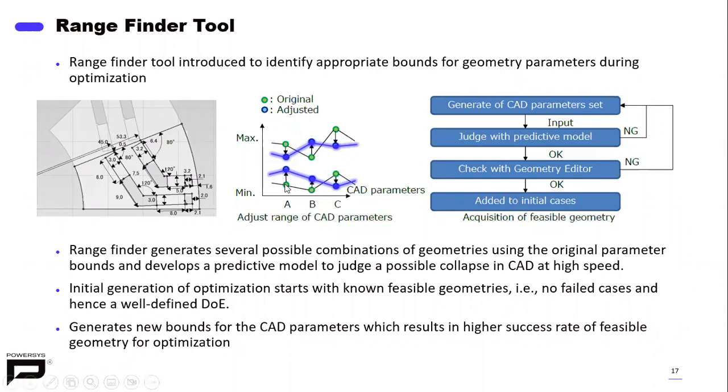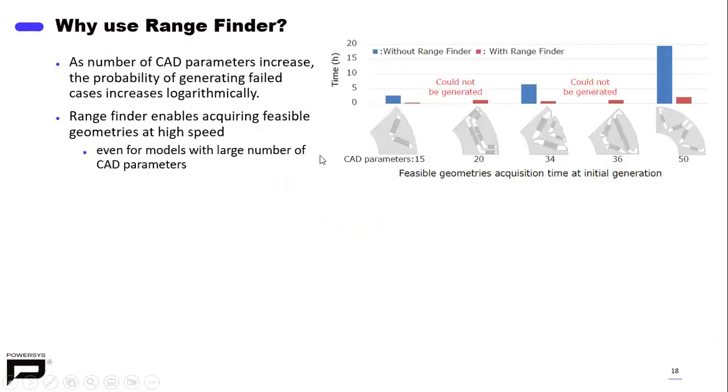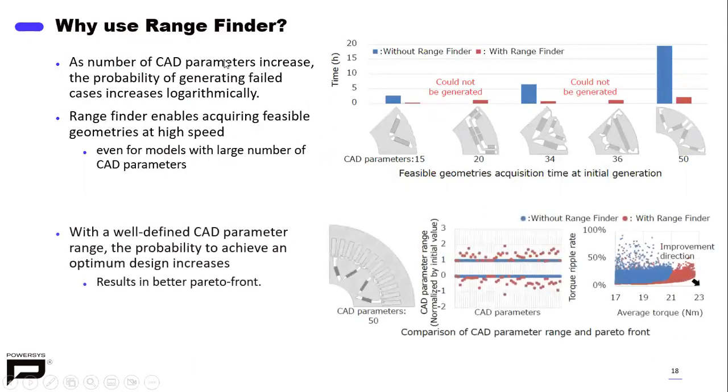So the minimum value and the maximum value range is bounded when we use the rangefinder tool, which will enhance the geometry creation without any damage. The blue color graph indicates how far the range is bounded for the proper creation of the geometries, so it will adjust accordingly. And this slide shows the impact of why this rangefinder should be used.